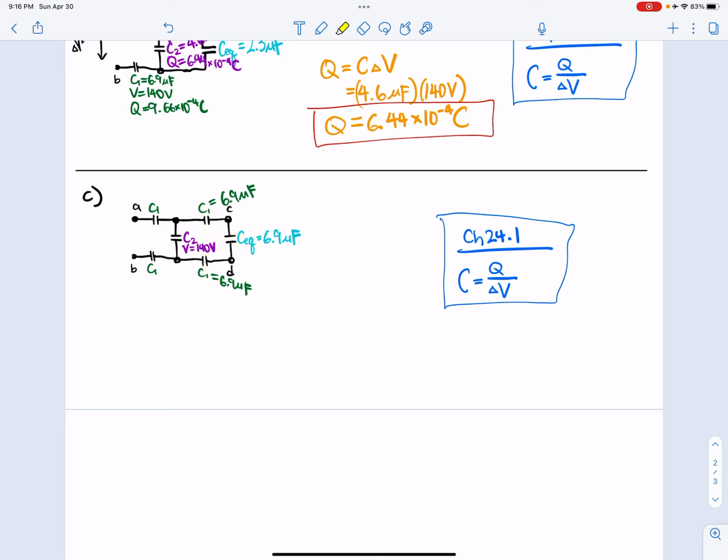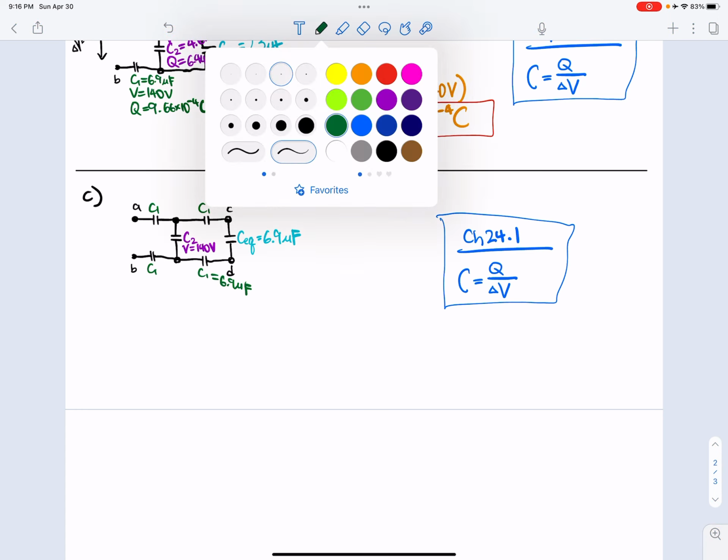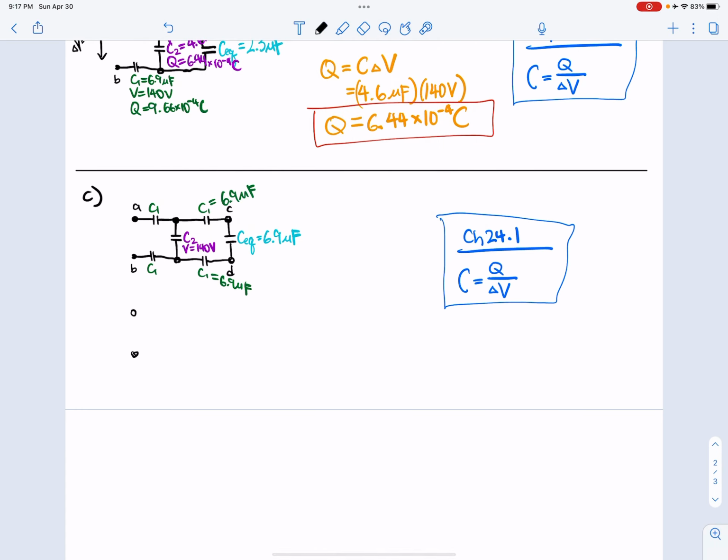Okay. What else do we know? If we put all these capacitors in series and combine them, it would look something like this: A, B, C1, C1, C2, and then C equivalent.